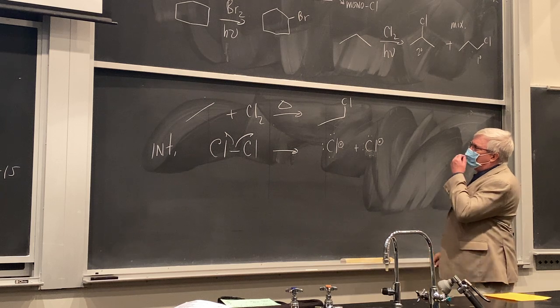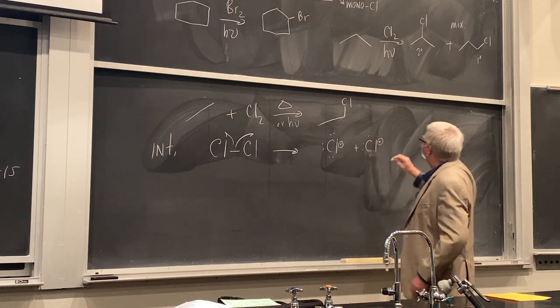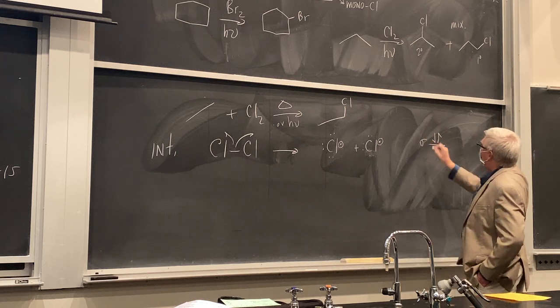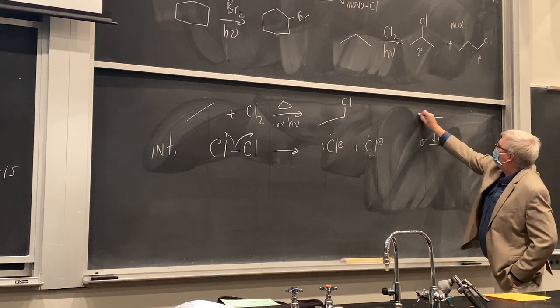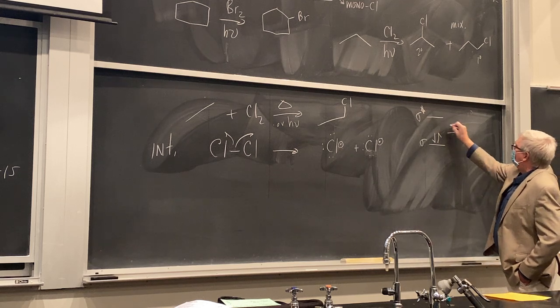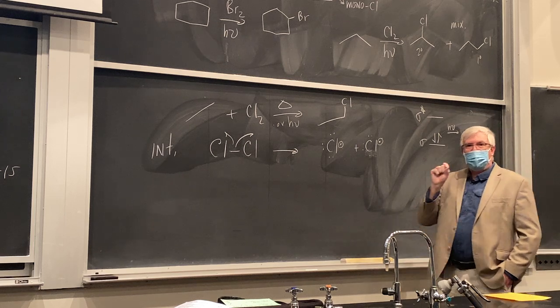You can also look at this from the point of view of light, right? How does light work here for this? Well, we have the electrons in the sigma bond for that chlorine-chlorine bond, right? We also have the sigma star. So what does light do here? Light, a photon of energy, it's a little packet of energy.